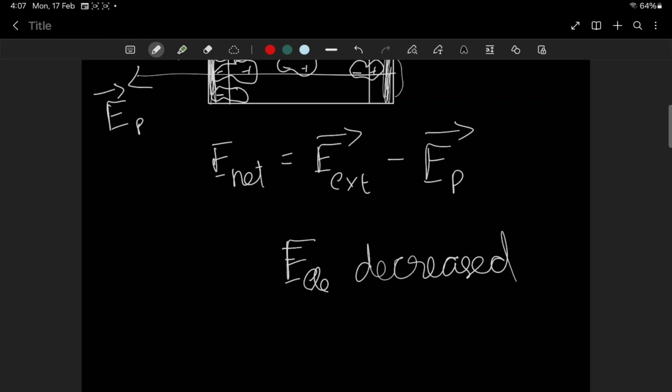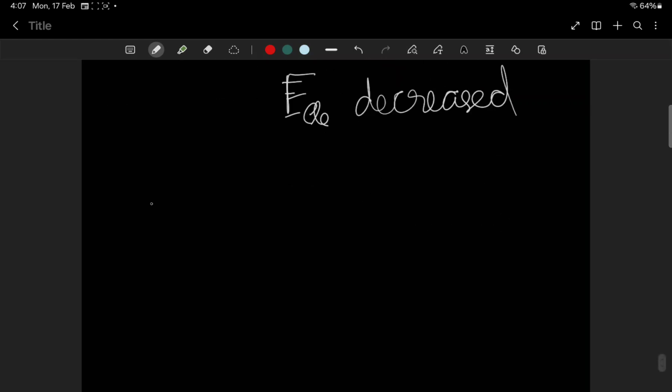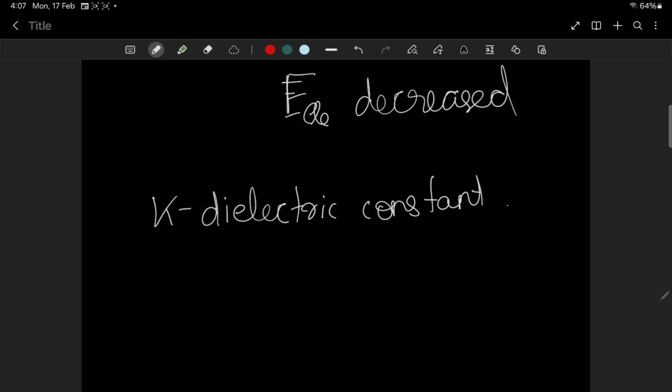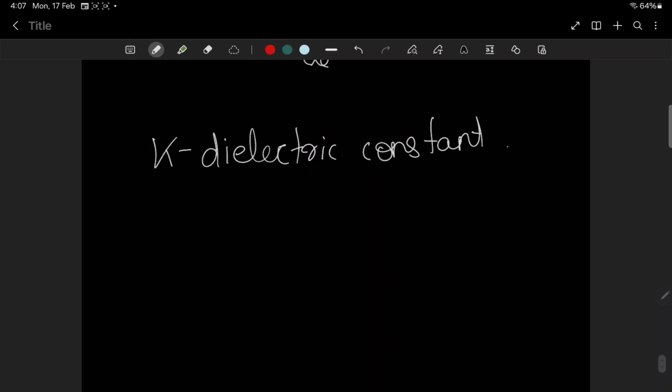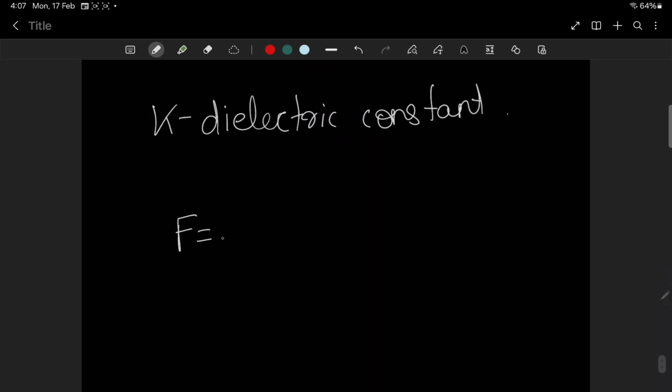And here comes our hero. I told you about what? K, the dielectric constant. Dielectric constant. So you know the dielectric constant, something is there. That is the reason why, look, the force initially was the force in air. So you get the force in a medium as force in air divided by K. If you are keeping it in another medium, and it's a dielectric, what happened?